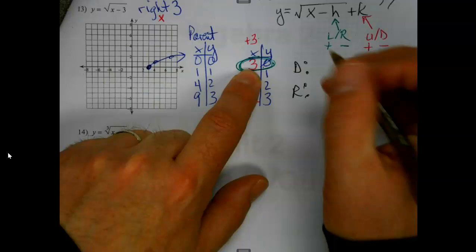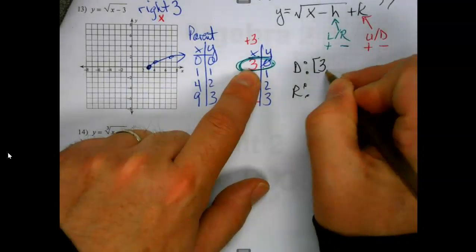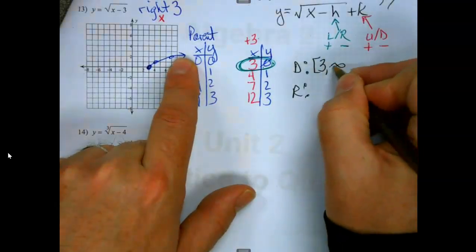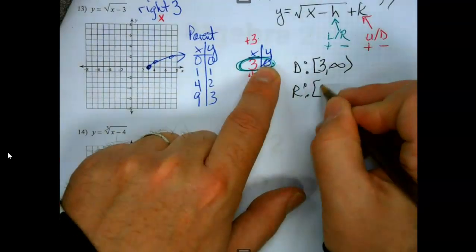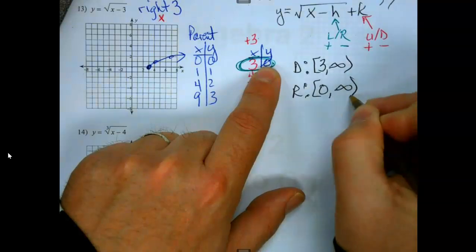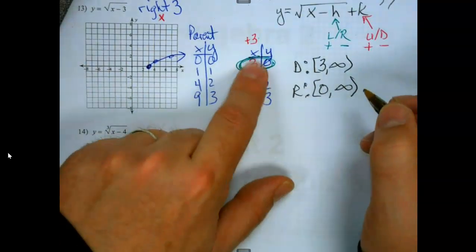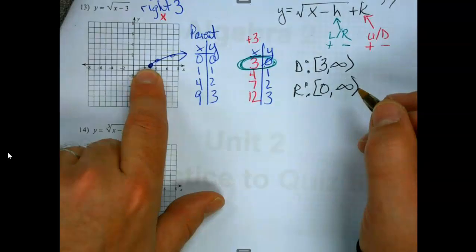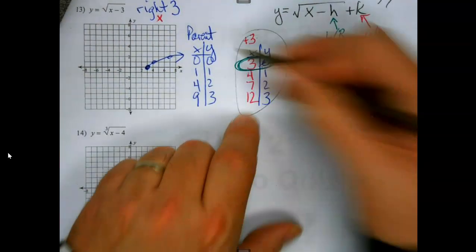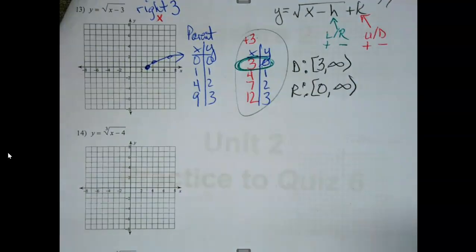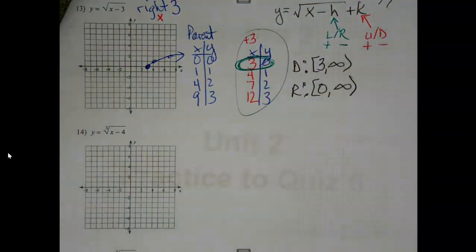There's where my domain starts at 3, forever to the right. There's where my range starts, 0, forever to the right. That first point is the key. That little guy right there. So whether you're doing the calculator or this way, I'm writing this down because it gives me so much other information that I need. Okay?